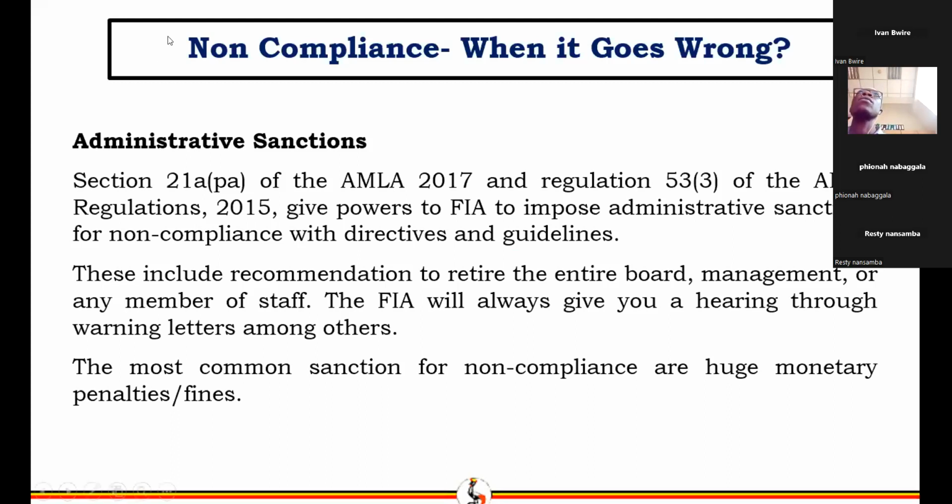All right, no problem. The first question is: is a former member of parliament still a PEP? A former member of parliament is still a PEP, but ceases to be a PEP after a period of 3 years.